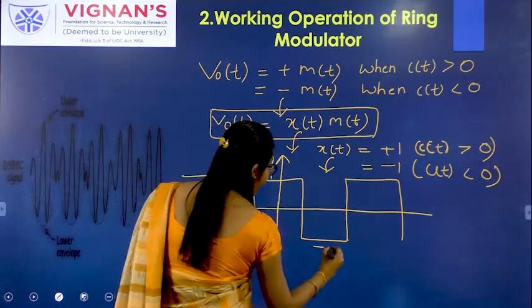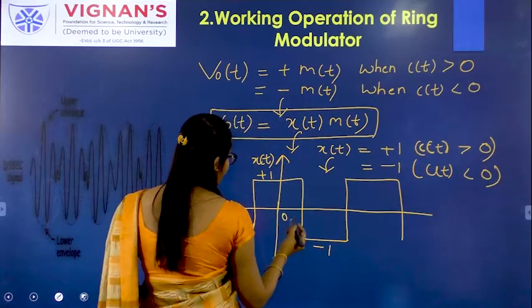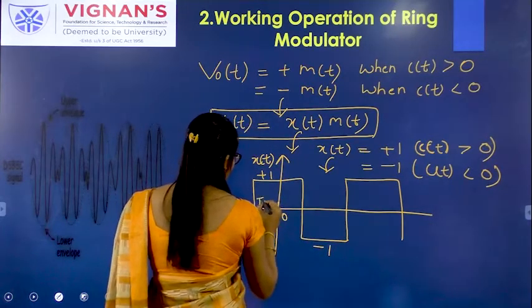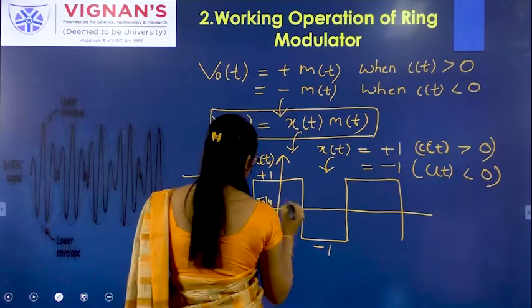Plus 1 and minus 1, I am writing 0, t naught by 4.